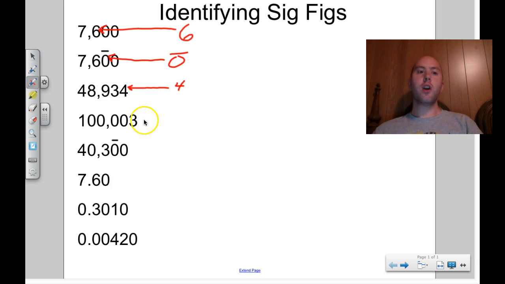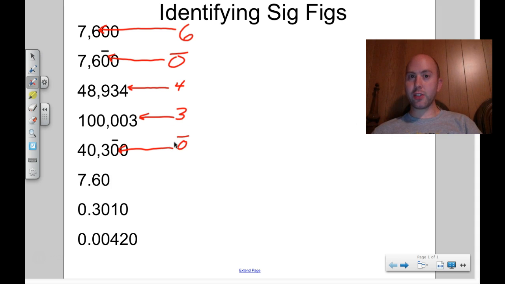So you get it? What about this number? Which is the uncertain digit? Good job. You're exactly right. It's the 3. The 3 is the first sig fig going towards the left. Good job. Next one. What about this one? Yes, exactly. It's the 0 with the bar over it. That's the first sig fig going towards the left.